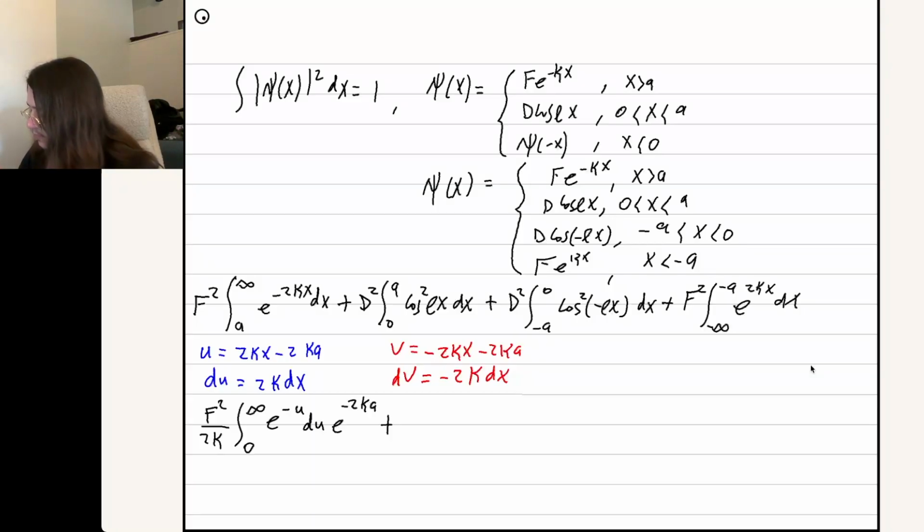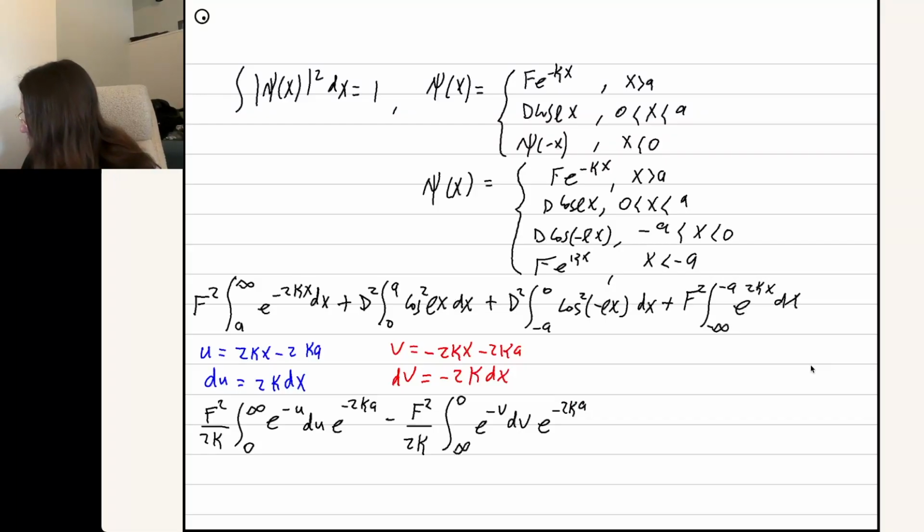The other f squared integral is actually minus because the differential was minus. So we get 2 kappa here. But then this is minus infinity. If you plug it into here, you get positive infinity. And then in here, if you plug in minus a, you get 0. And then this is e to the minus v dv.